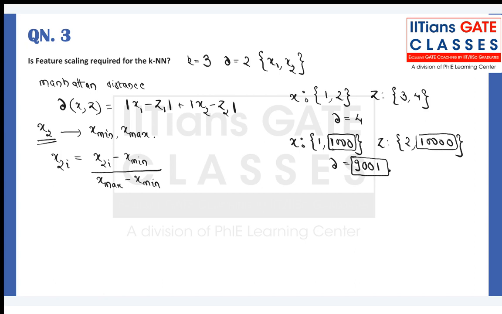Okay. What is this that I am doing? By doing this, all my values of x2 will be between 0 and 1. This is called normalization or feature scaling. And this type of feature scaling is called min-max scaling.